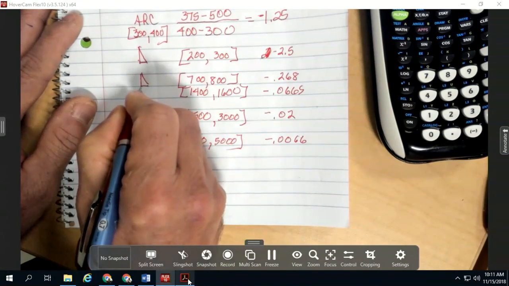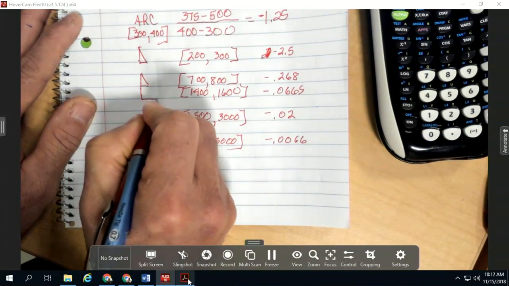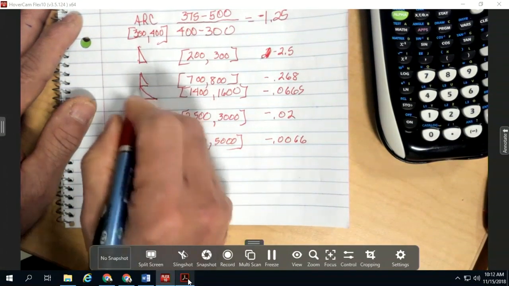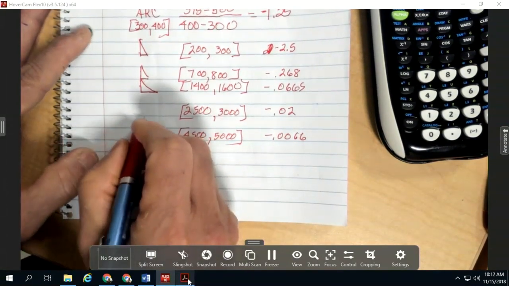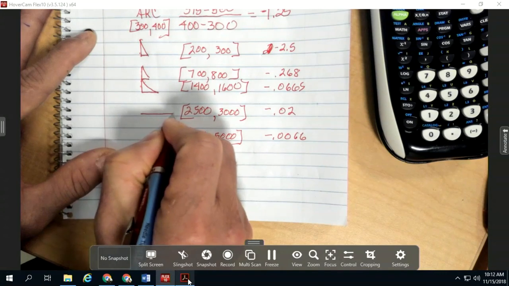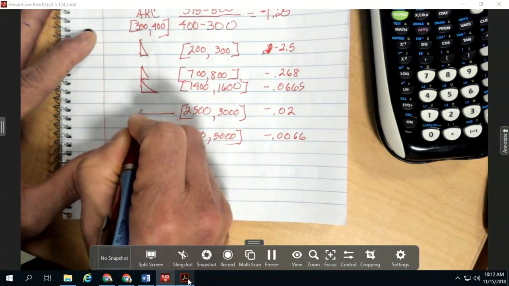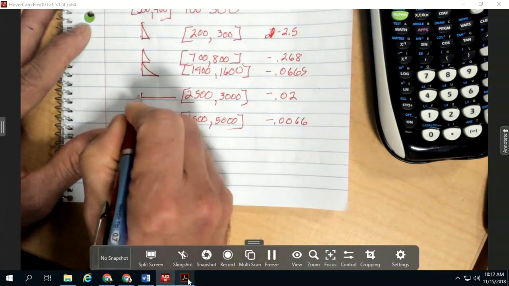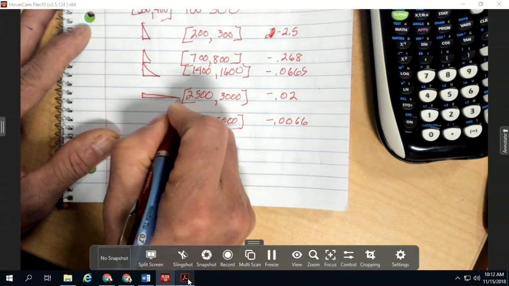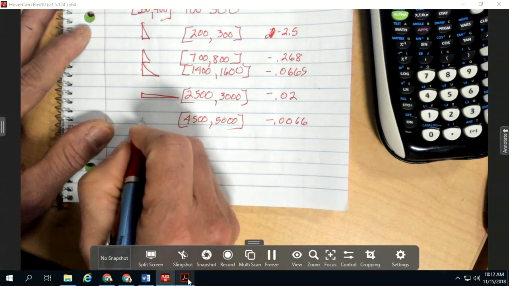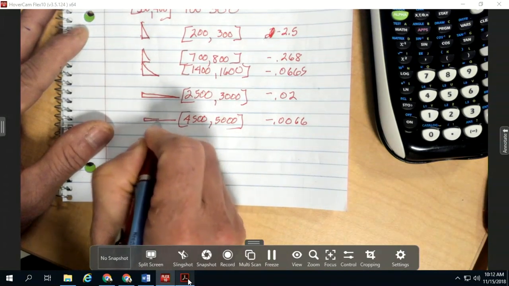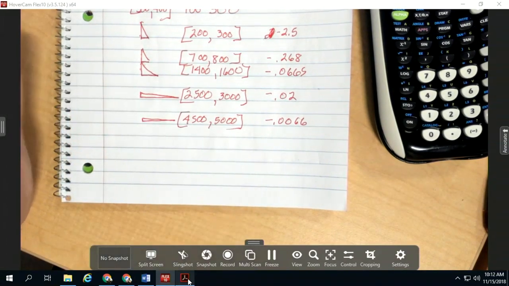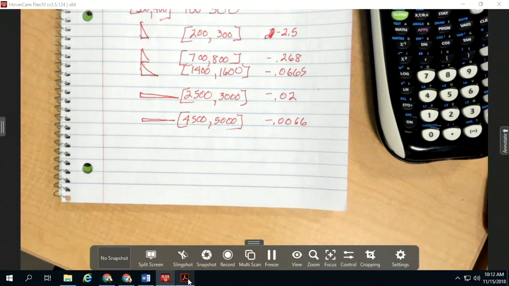Here we went over 200, and the reason we had to go over 200 is that our change was so close to nothing. Here we went over 500 just to get it so that we would see a little bit of decrease. Same thing here. We had to go 500 just to get any kind of an increase that was measurable.